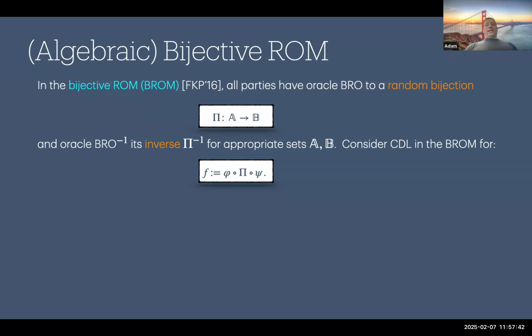I don't want to get into detail, but it models a function that is random, subject to being 2 to 1 and having some properties of the ECDSA conversion function. So I'll skip this part.